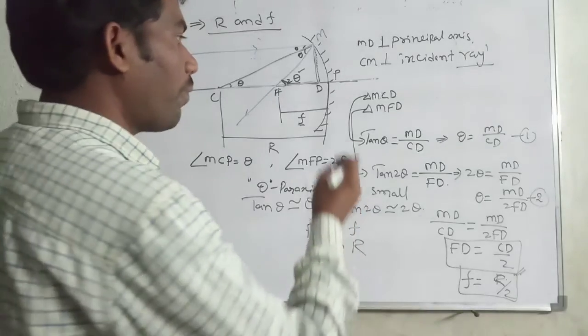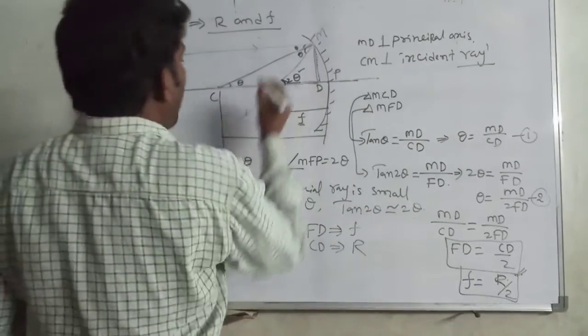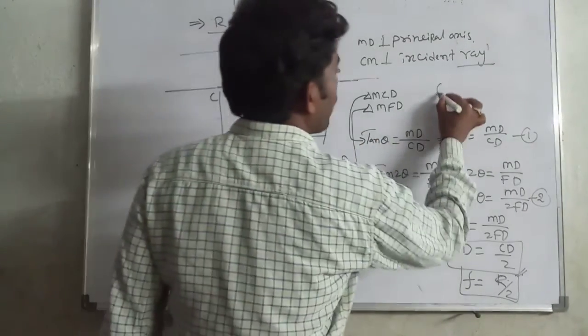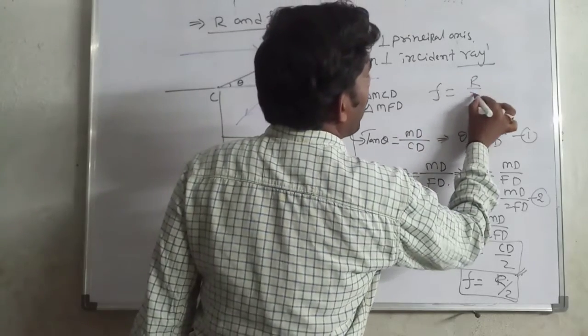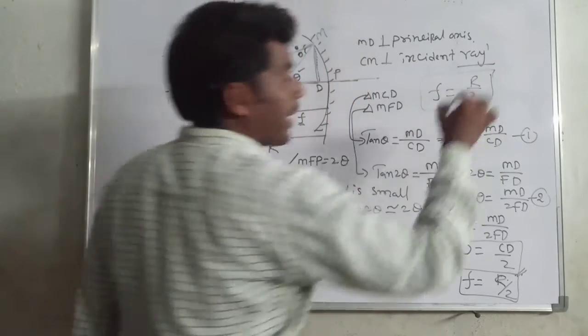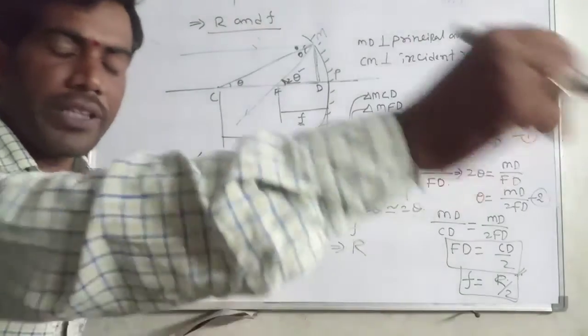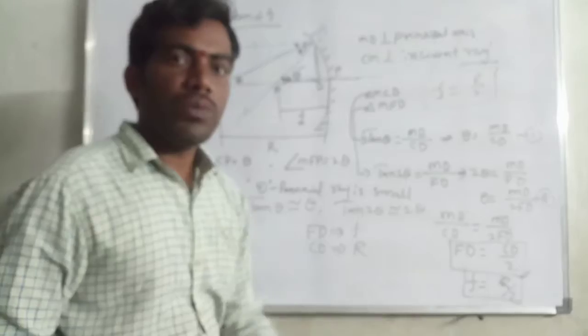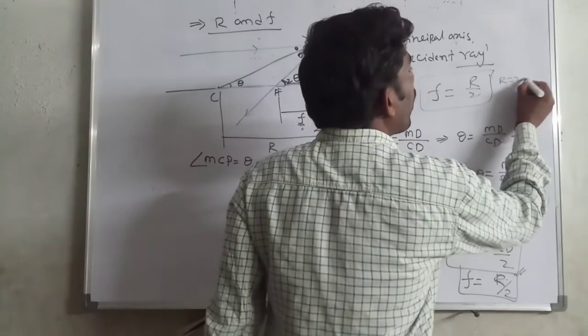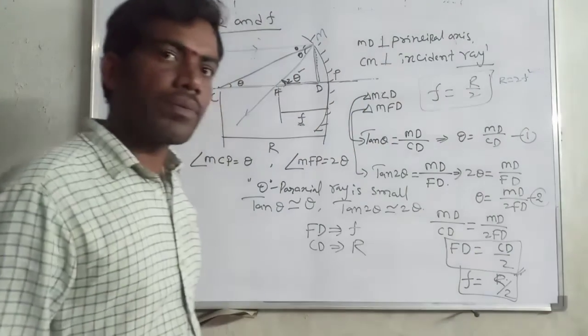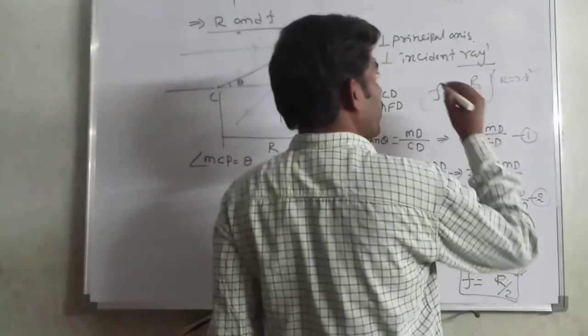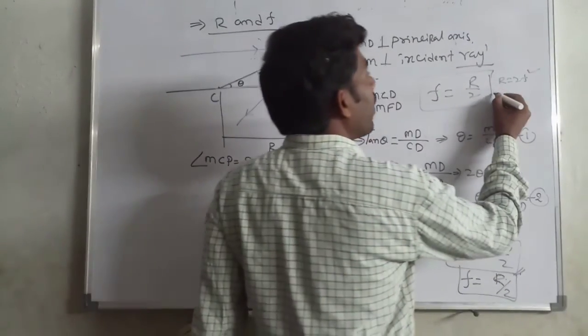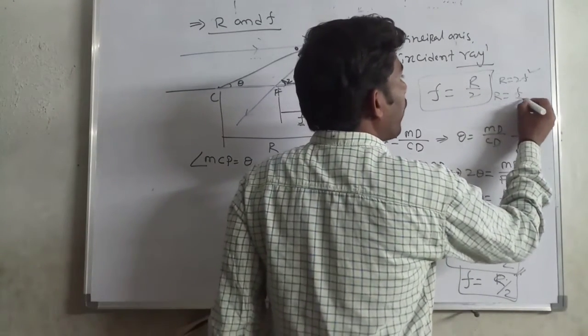Okay, so now f equals R by 2. This is the most important. In competitive examinations, you may be confused about this relation. It is sometimes given as R equals 2f, which is also right. And in some examinations, R equals f by 2.